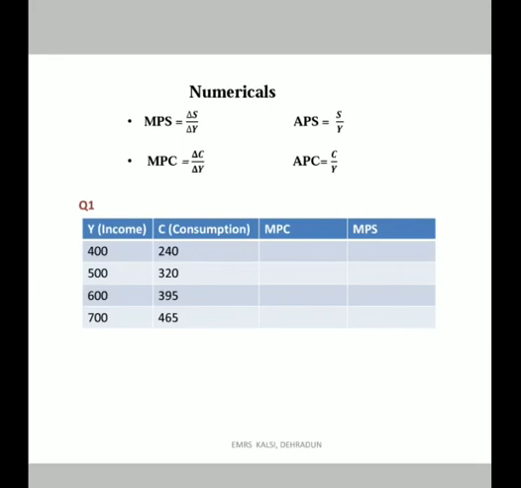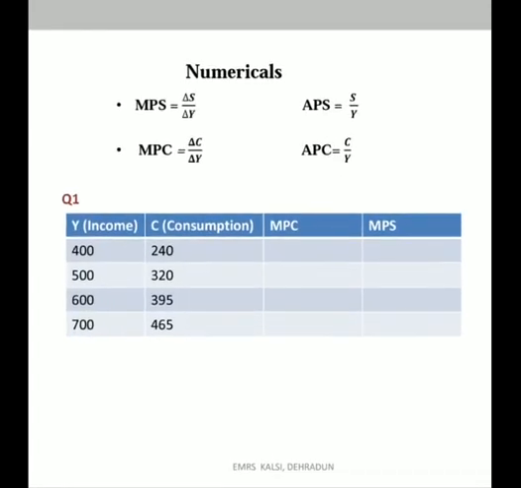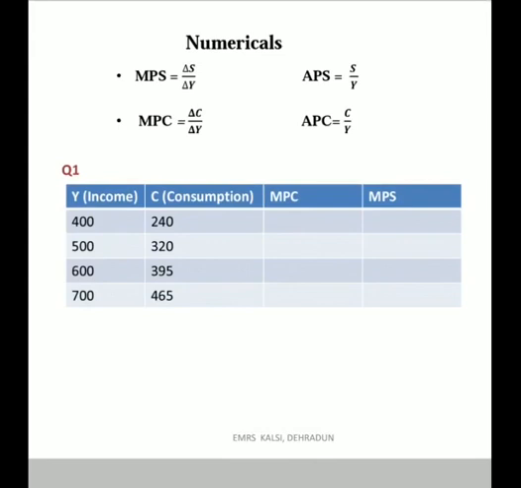Okay. So, and we have seen the formula as well. So, these are the four basic formulas which we will be using to solve these numericals. Okay. And these numericals are very easy, very simple.